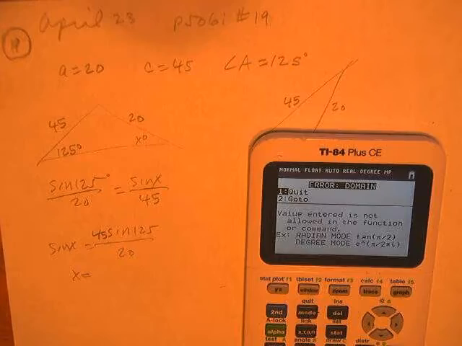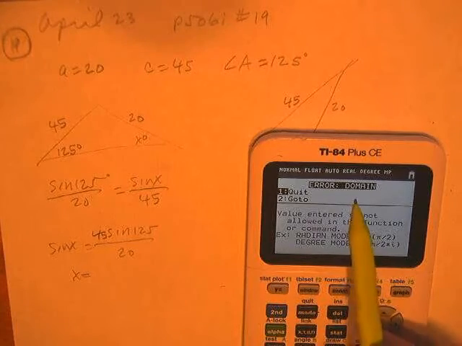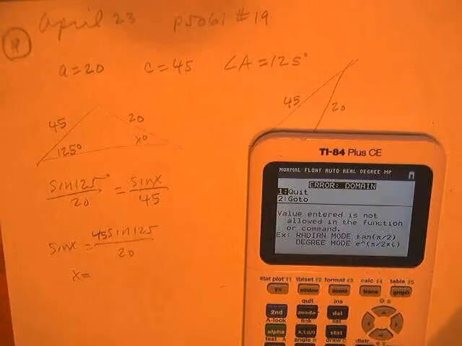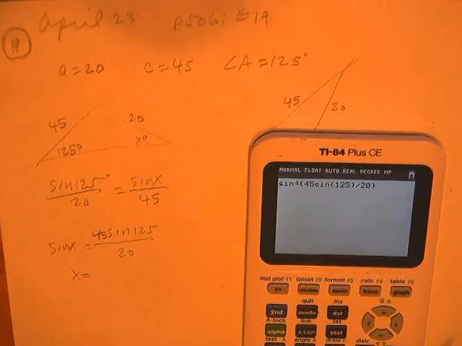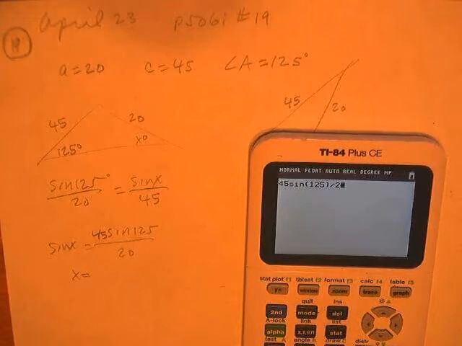Error domain. Now don't freak out when it happens, because sometimes this is just going to happen. If you get this, here's why this one has no solution. When you do 45 sine 125 and you divide that by 20, look at your answer.